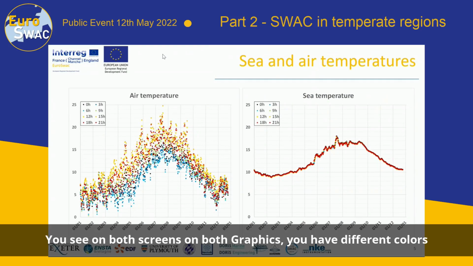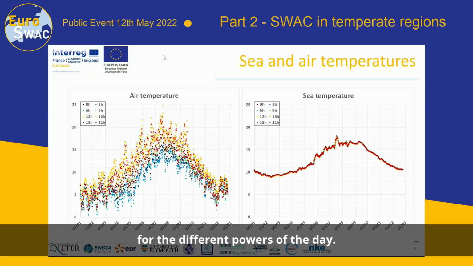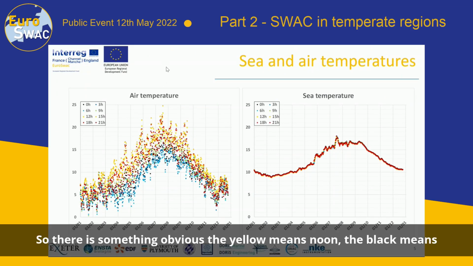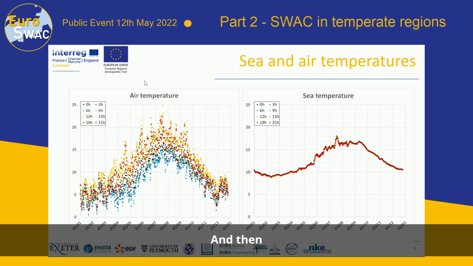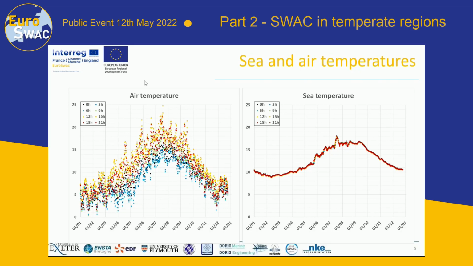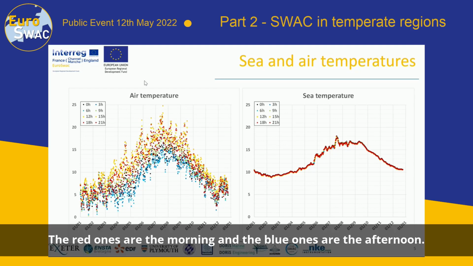On both graphics, you have different colors for the different hours of the day. The yellow means noon, the black means midnight, the red ones are the morning and the blue ones are the afternoon.